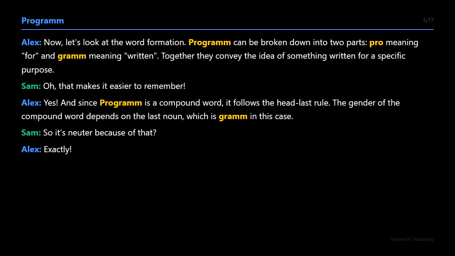Yes. And since Programm is a compound word, it follows the head last rule. The gender of the compound word depends on the last noun, which is Gramm in this case. So it's neuter because of that. Exactly.